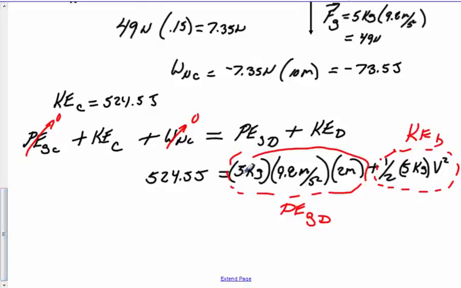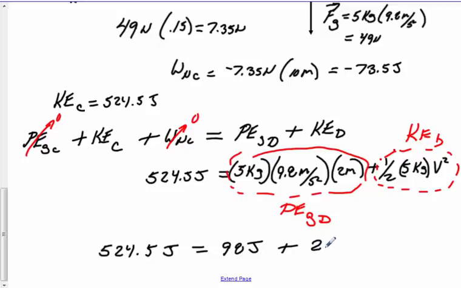All right. So first thing to do, I'm going to find my gravitational potential energy. So we take 5 times 9.8 times 2. So my gravitational potential is 98 joules. So I'll rewrite this as 524.5 joules is equal to 98 joules plus 1/2 times 5.